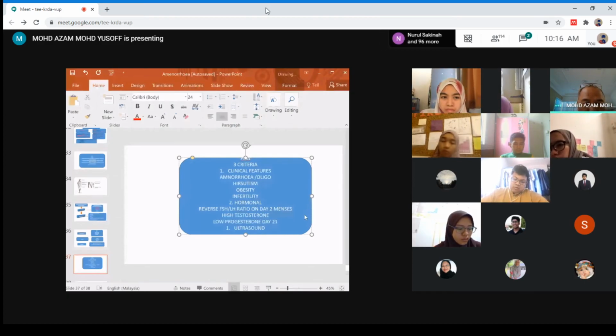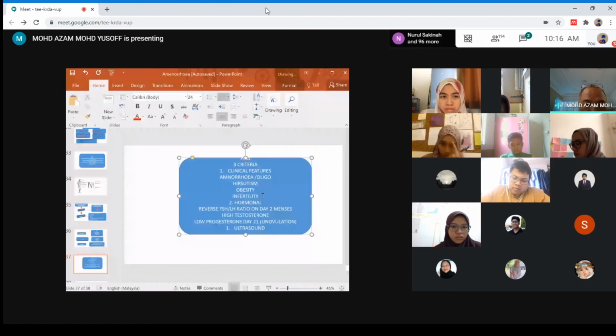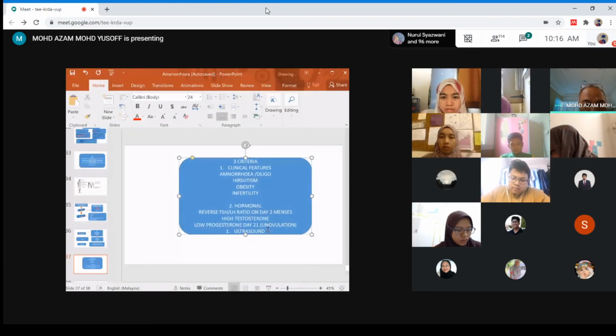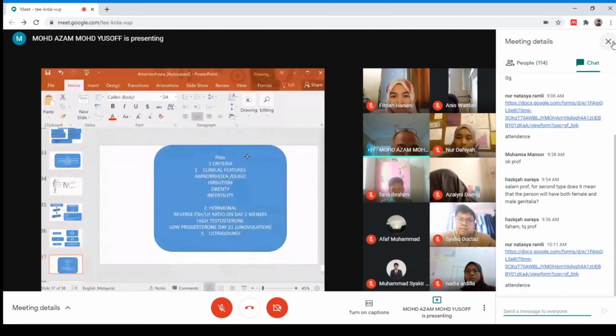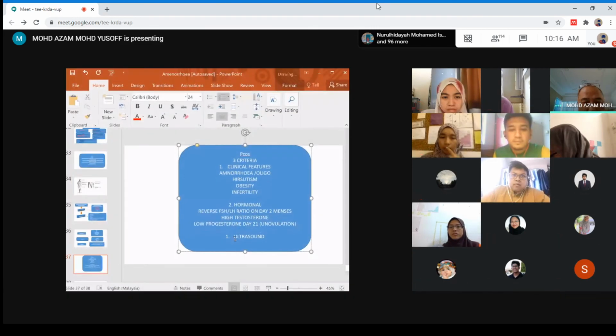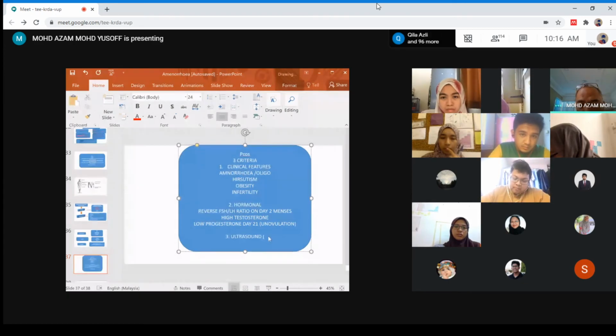And they have high testosterone. I think that's the main thing. And they have low progesterone on day 21, which means the patient has anovulation.